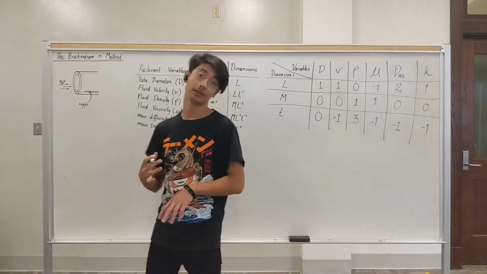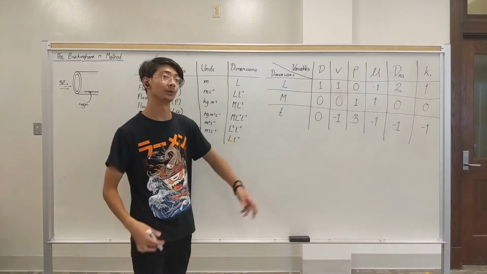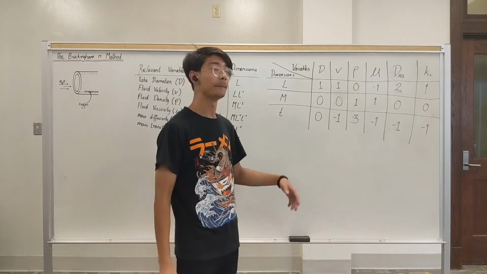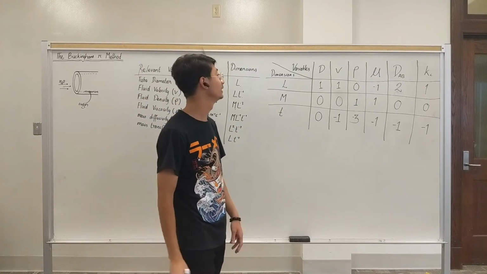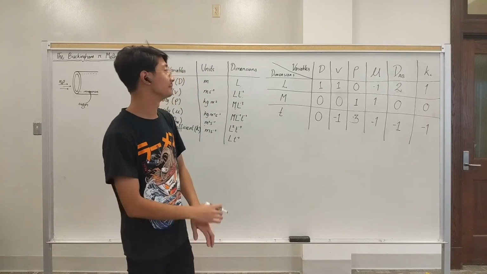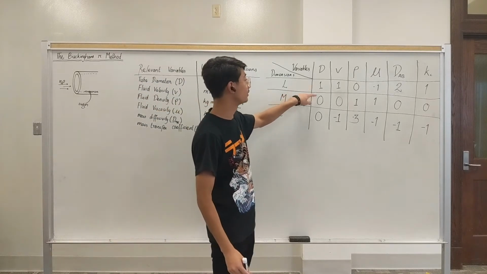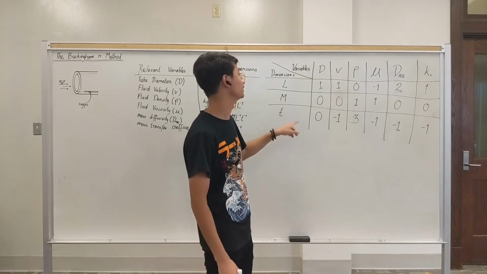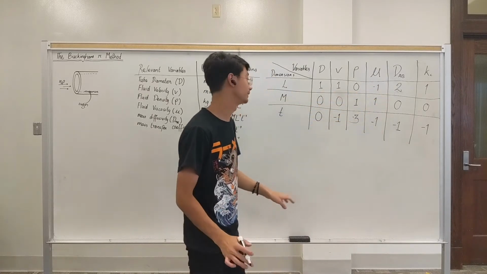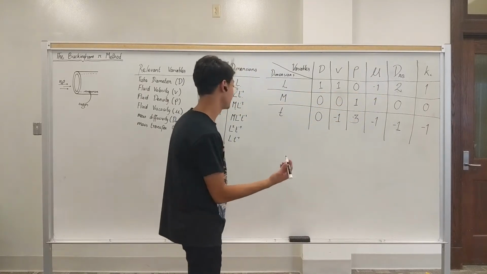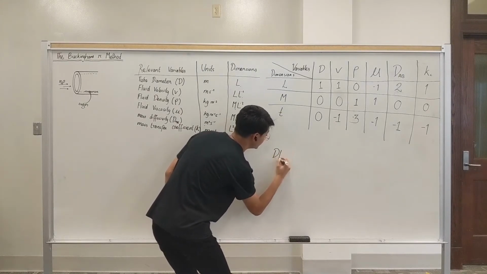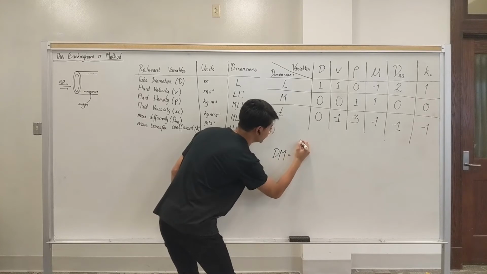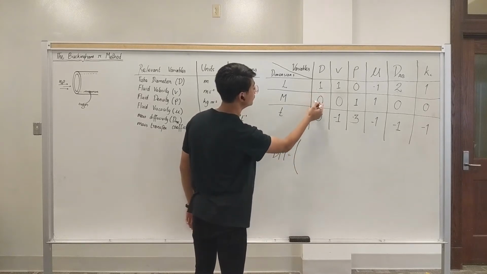Okay, now that we've constructed this whole table, what we're going to do is make a matrix out of this, and that's going to be called our dimensional matrix. So how we do that is basically just keep all the things on the rows in the rows and everything in the columns in the columns. So let's go ahead and construct that matrix. So dimensional matrix DM is going to be equal to, so we have 1, 0, 0.